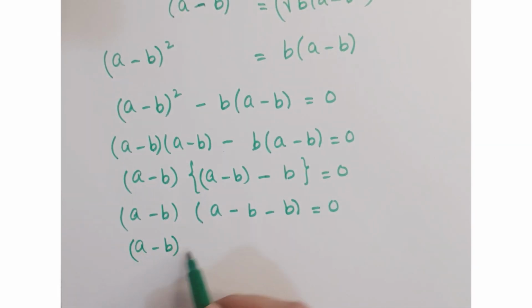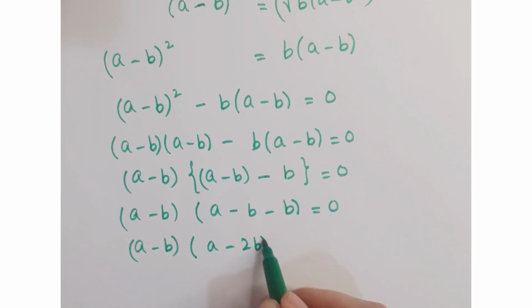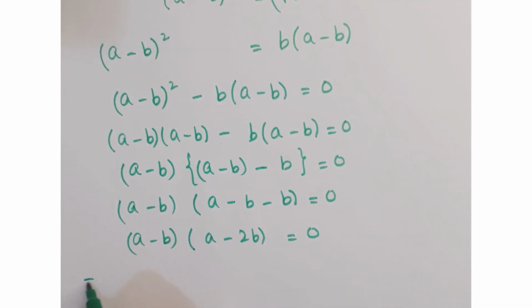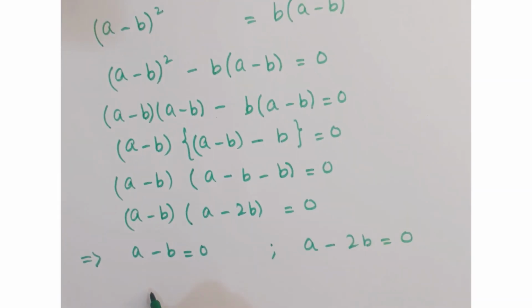Further, (a − b)(a − 2b) = 0. Now this implies that a − b = 0 or a − 2b = 0, so a = b or a = 2b.